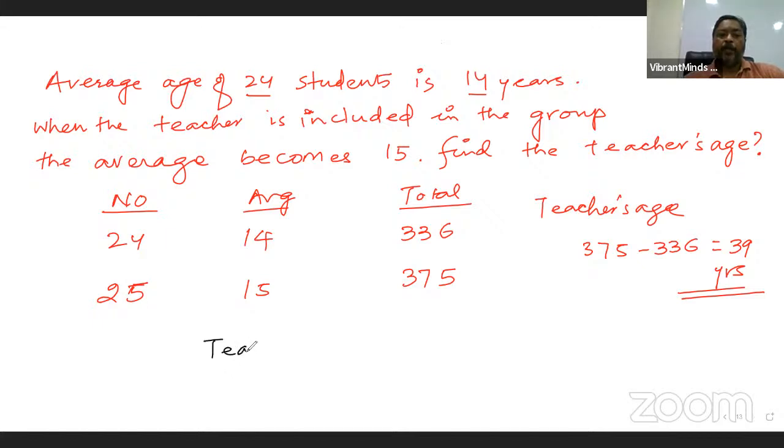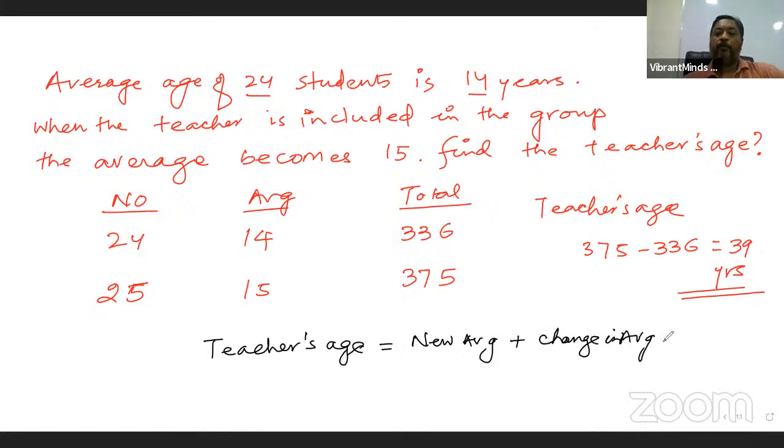You can find the teacher's age as new average plus change in average multiplied by old number of observations.